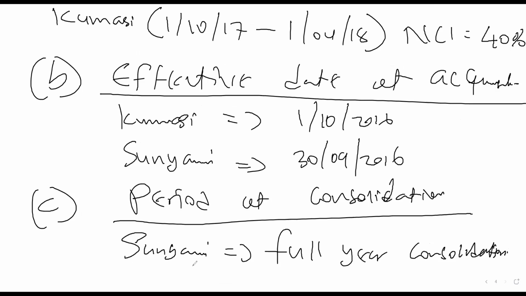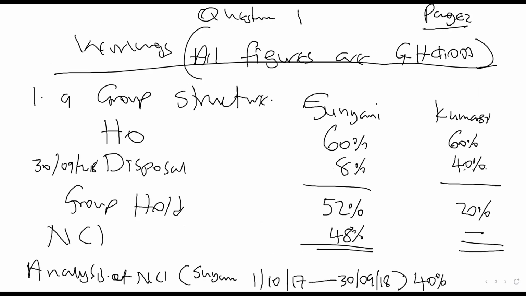Then for Kumasi, let me start with Kumasi's own. Even though we acquired Kumasi on 30th September 2016, indirectly it is the same as 1st October 2016. But the disposal of Kumasi made the whole group lose control.